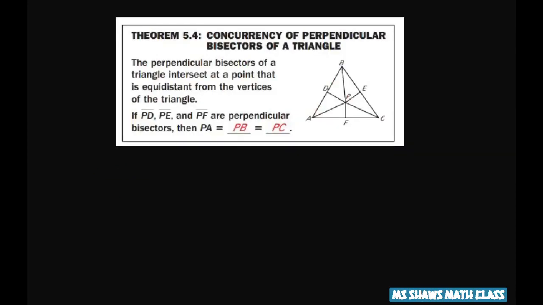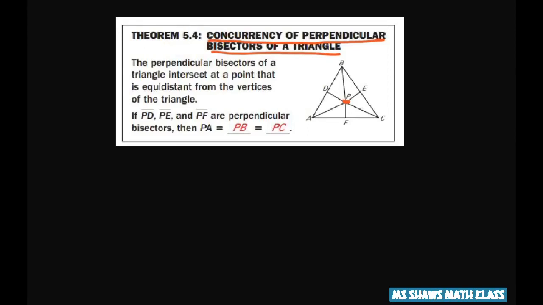And finally, we have our theorem, the concurrency of perpendicular bisectors of a triangle. So basically, your perpendicular bisectors, there's P. So that's your point of perpendicular bisectors.